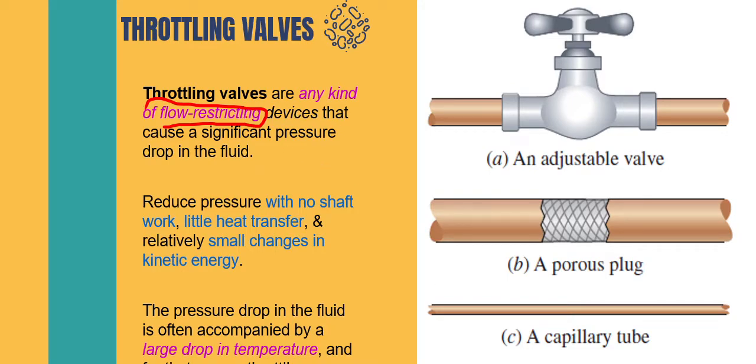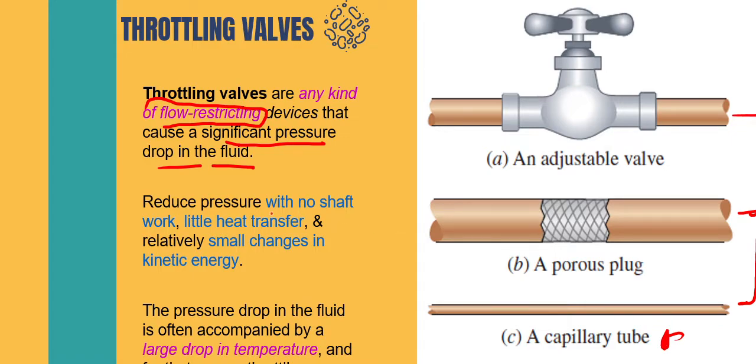So this restricting device will cause a significant pressure drop in the fluid. Sometimes we use a porous plug or capillary tube to restrict the flow, usually used in refrigeration systems.